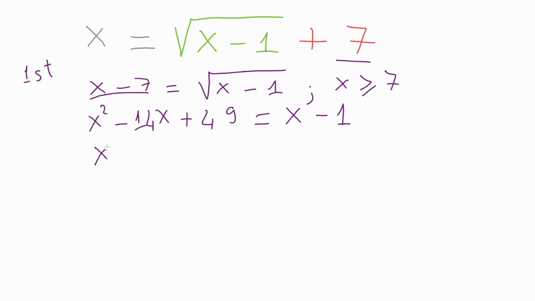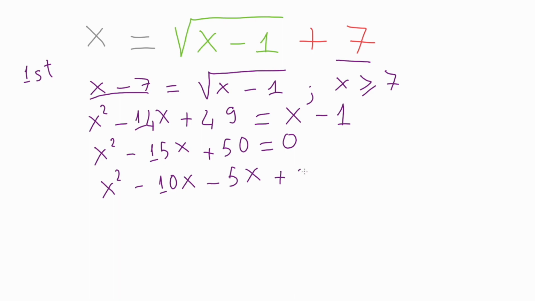We rewrite the equation into x squared minus 15x plus 50 equals 0. And the next step is pretty simple. We just factorize the left side of the equation. Then we have x squared minus 10x minus 5x plus 50 equals 0.